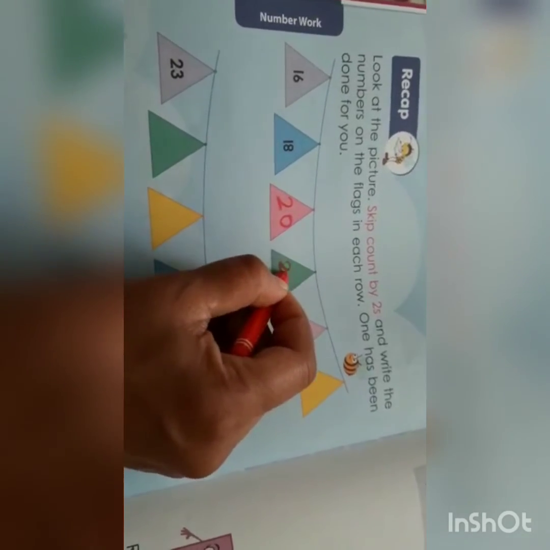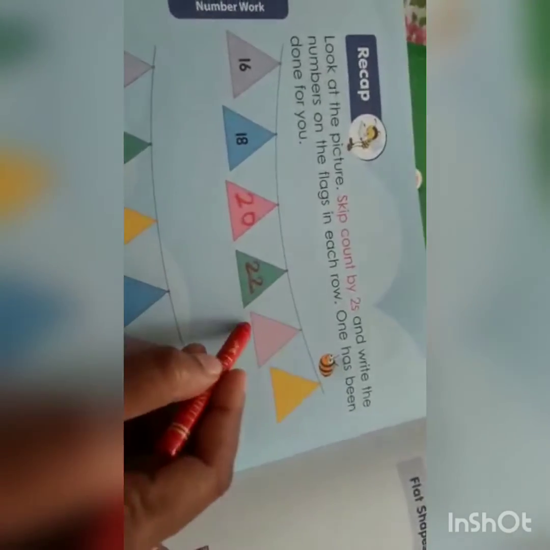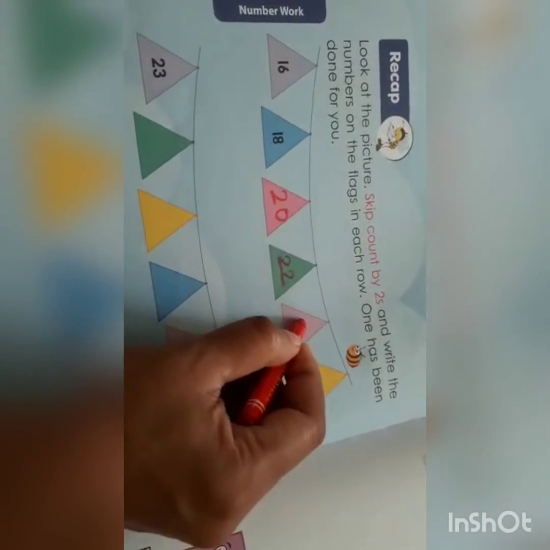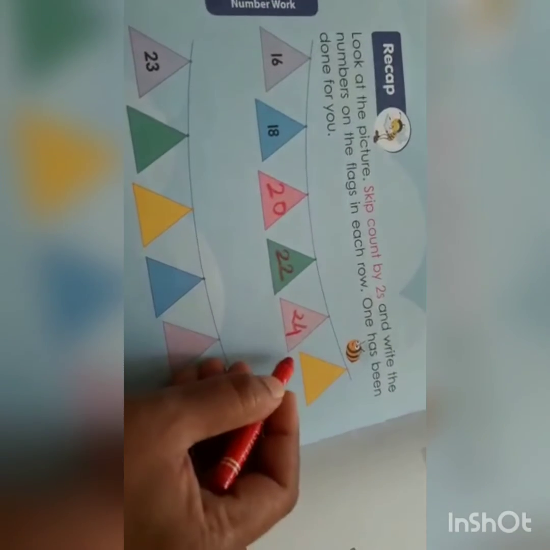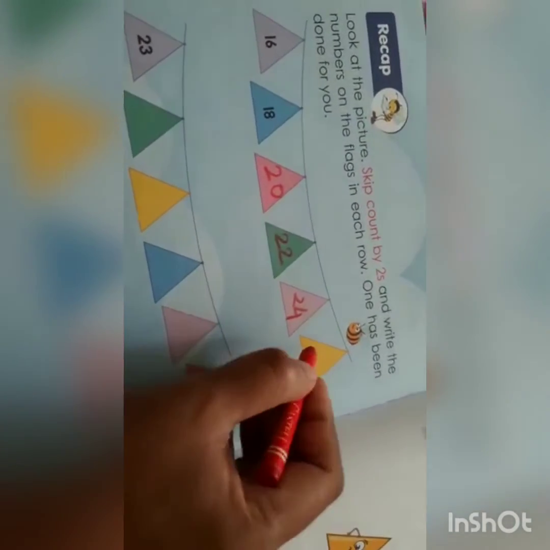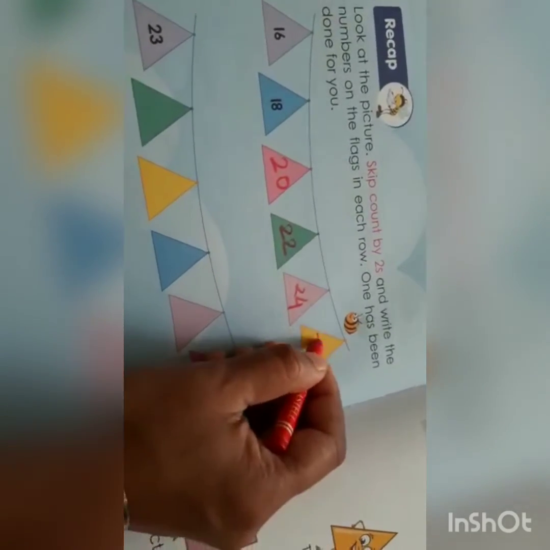So here we will write 22. Then 23, 24. Skip by 2. We will not write the next number. Its next number we will write. Next to next. So 24, 25, 26. Understand?